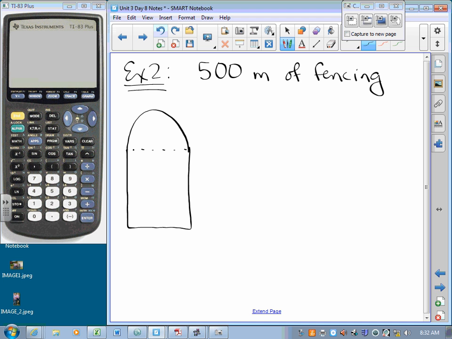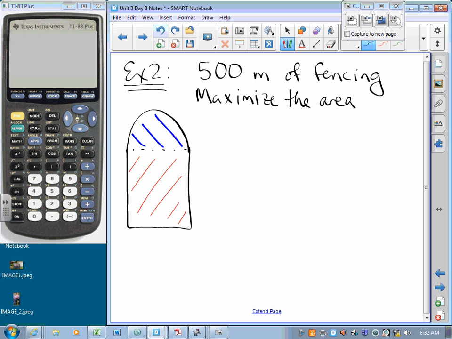And it's going to be a rectangle on the bottom and a semicircle on the top. 500 meters of fencing. What I want to do is I want to maximize the area of the corral. That's what I want to do.